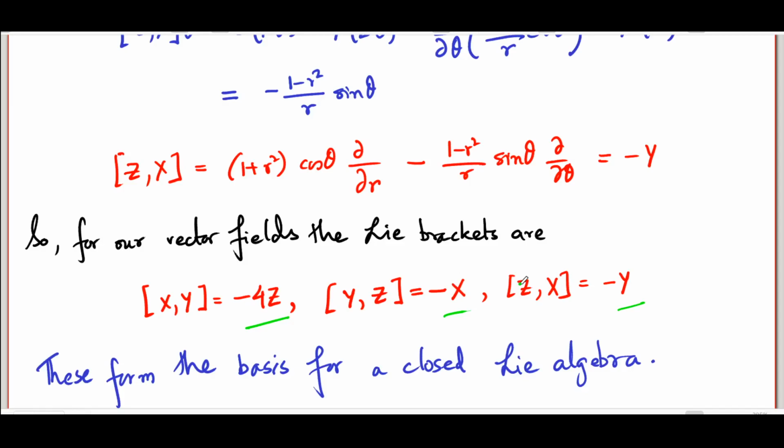Now, Lie algebras are very, very important in physics, especially in, for example, particle physics. We are not going to talk about the Lie algebraic structure in great detail now. We may come back to that later, if I don't run out of patience by the time I get there.